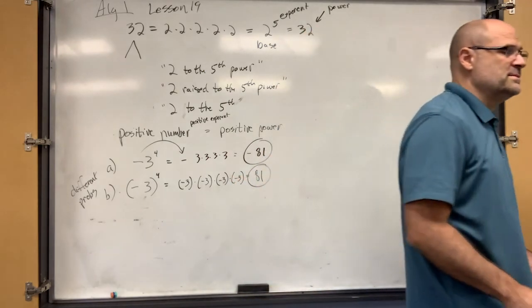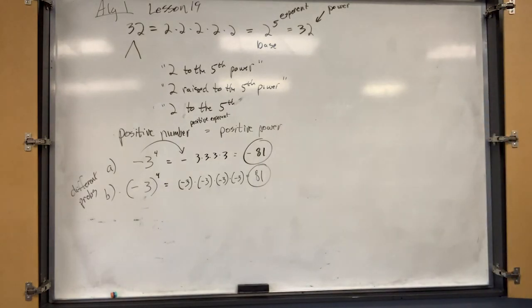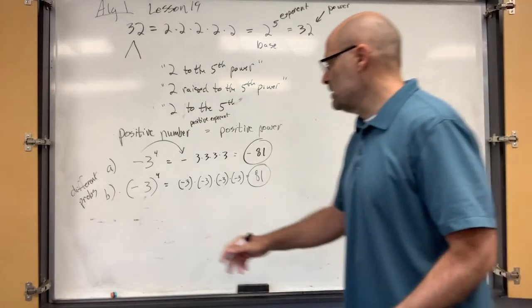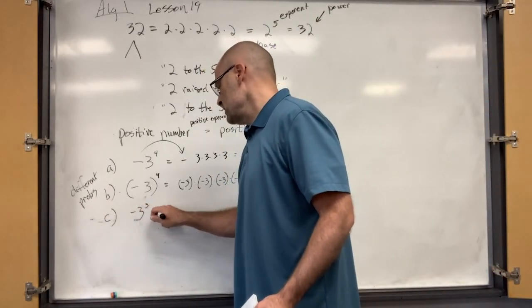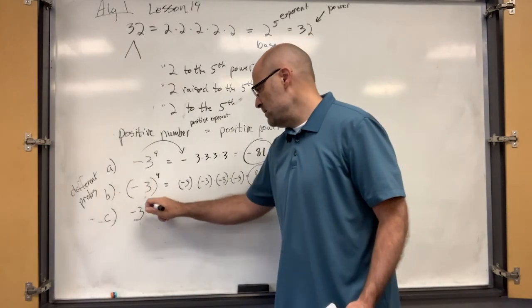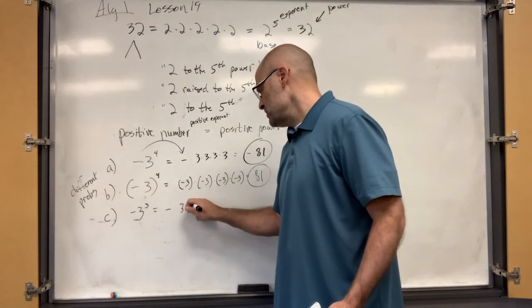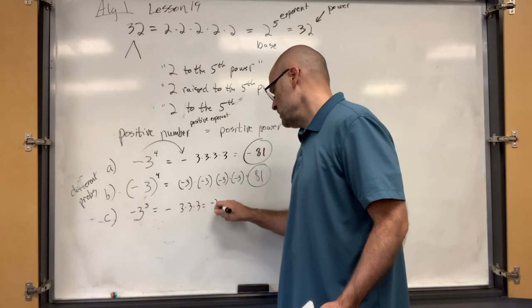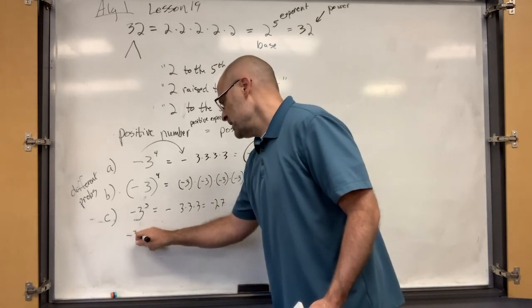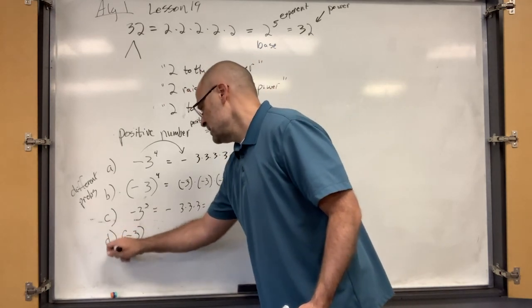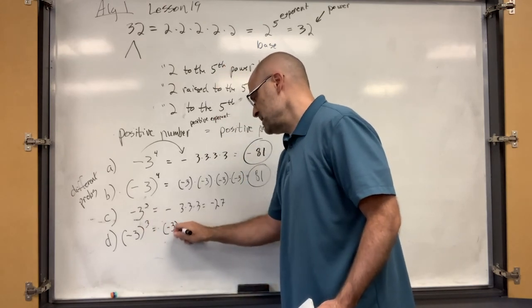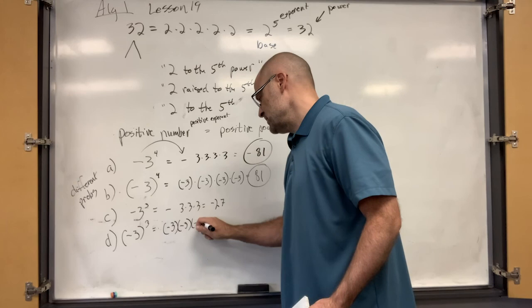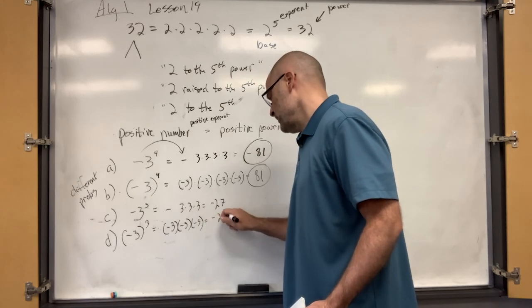Okay? Different answers. Now, this is usually an issue only when you have even powers, right? Because if you did -3 to the 3rd, well, that's -3 times 3 times 3, which is -27. But (-3) to the 3rd is still -27. There's still an odd number of negatives, so it's going to be negative anyway.